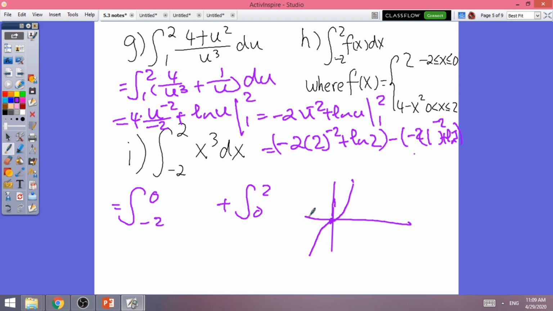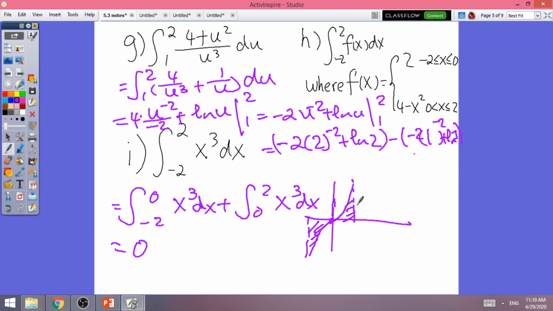So for this graph right here, which is x to the power of 3, and then for the other part of the graph, it's 0 to 2. dx, dx. I just want to show you the symmetrical relationship. You can evaluate it, but once you evaluate it, eventually the total area of the integrand from negative 2 to 2 is going to be 0.